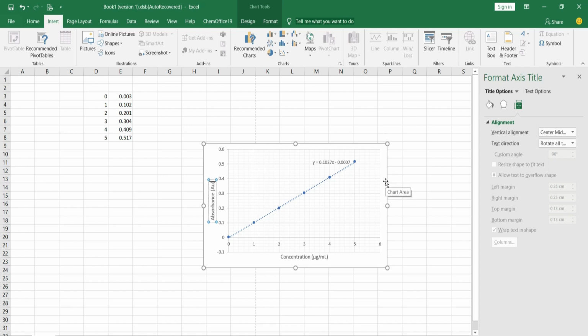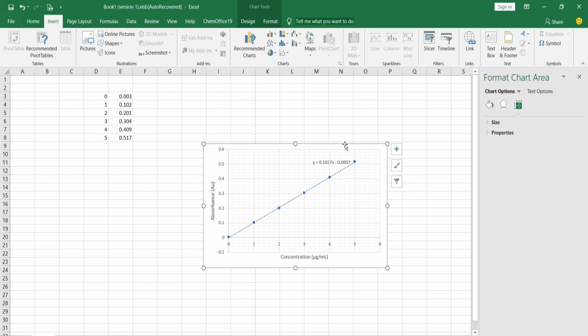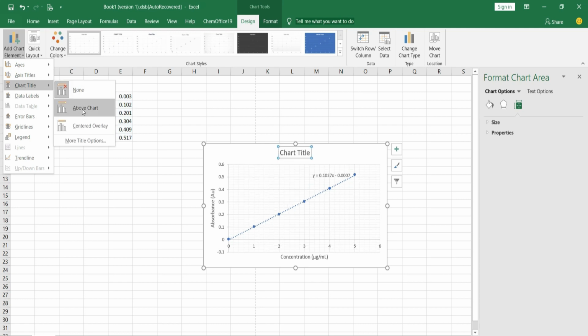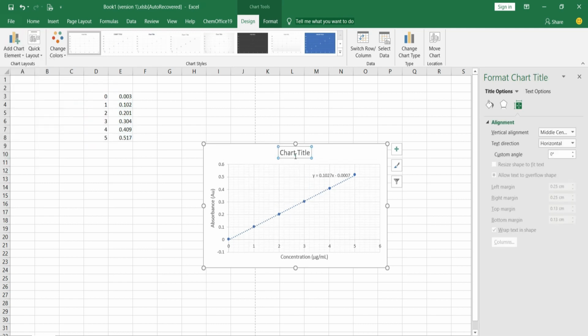Another missing piece of information is the graph title. So insert the chart title. It is concentration versus absorbance.